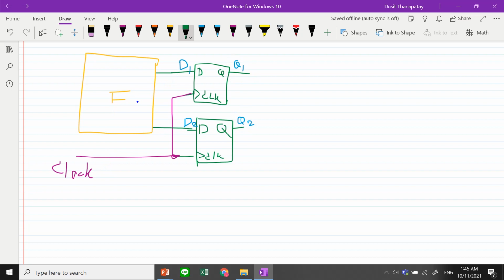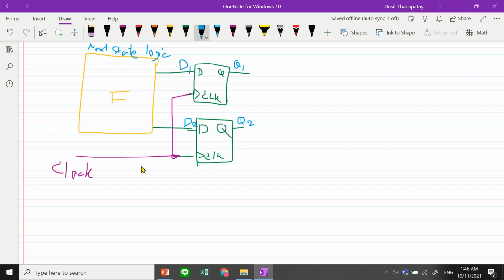So circuit F is usually called next state logic. Circuit F is called next state logic circuit. That means the output of F is used to determine the next state value of the circuit, or the value of the flip-flop after the clock tick.